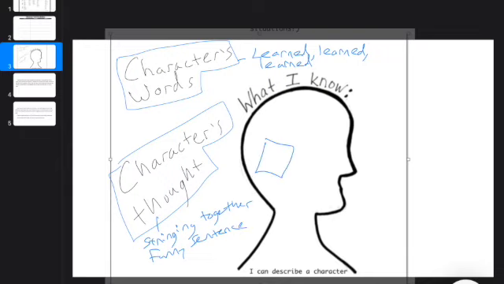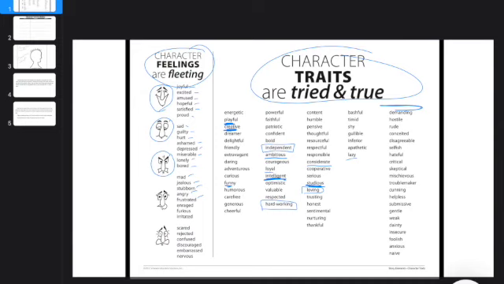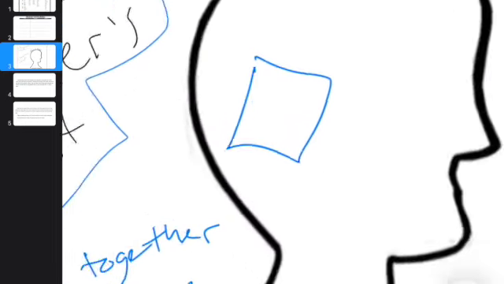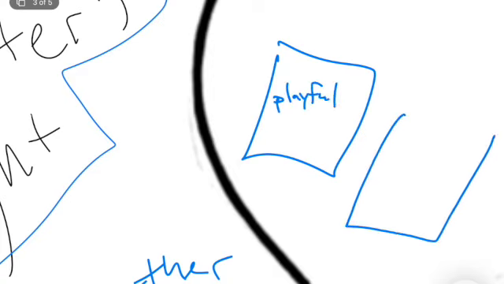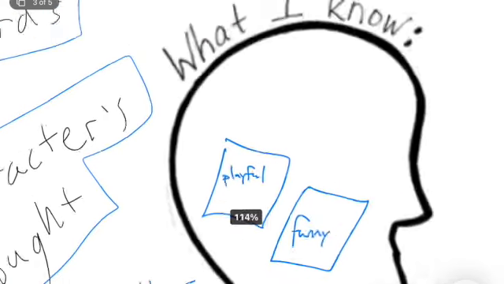So she is, what do we say? Playful and funny.